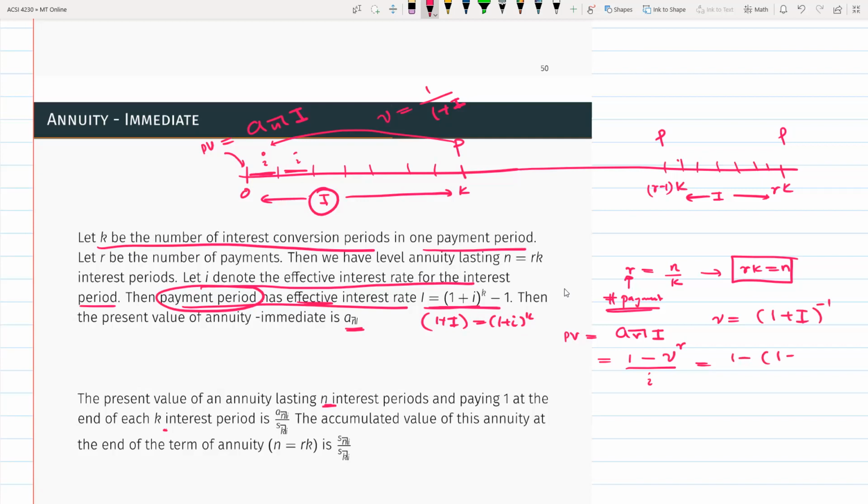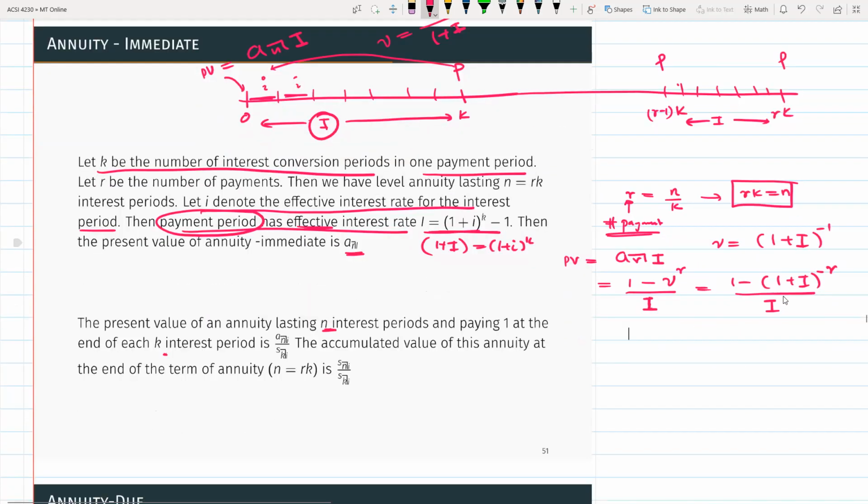So 1 minus (1 plus capital I) to the negative r over capital I. Actually, I should have said this is capital I. Then I know the formula for 1 plus capital I, and we know that 1 plus capital I is 1 plus simple i to the k. So I can substitute that here. And then what is capital I? Capital I is (1 plus i) to the k minus 1.